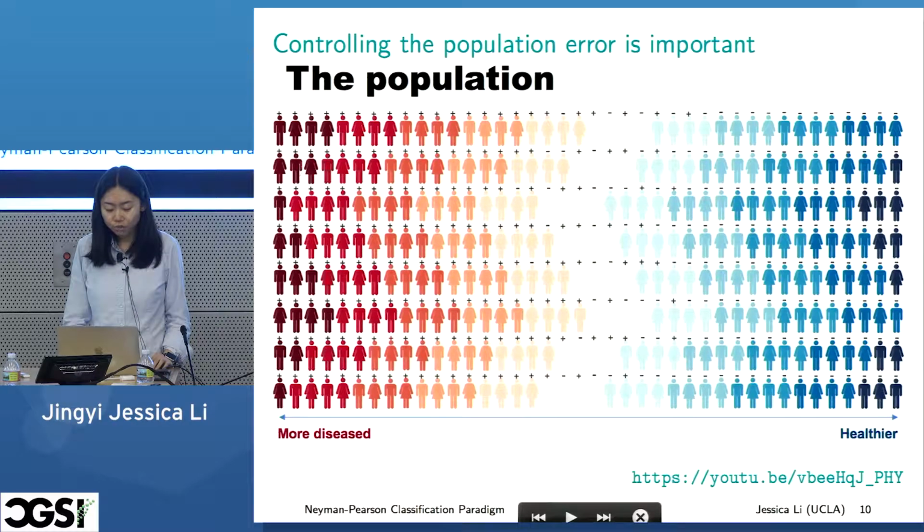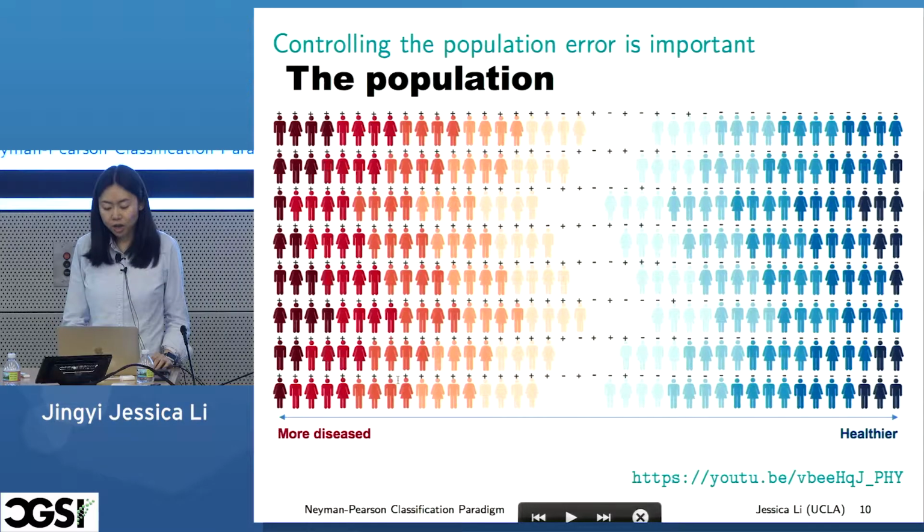The more reddish means the person is more diseased, and more bluish means the person is more healthy. The plus and minus sign means the person has a disease, a plus, or not, a minus. Therefore, we want to draw a threshold on this single feature to decide whether this person has a disease or not. Then the question is, where to set the threshold?